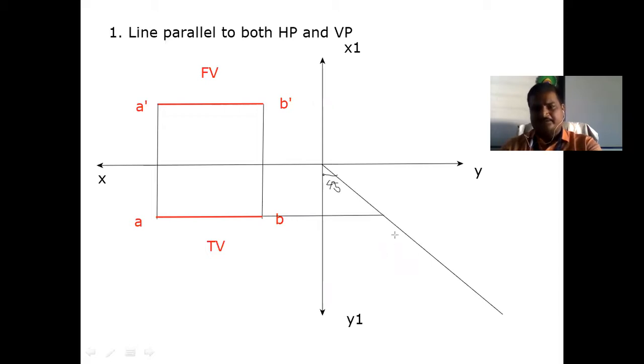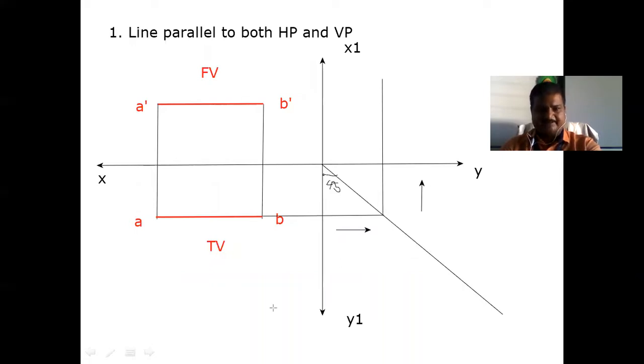Here, where it intersects the 45-degree line, from that point, I will draw a projector. It means what I have done here, look carefully. I have taken its locus in this direction, and then I have projected it in the upward direction, from the point of intersection of the locus of the top view and the inclined line at 45 degree.